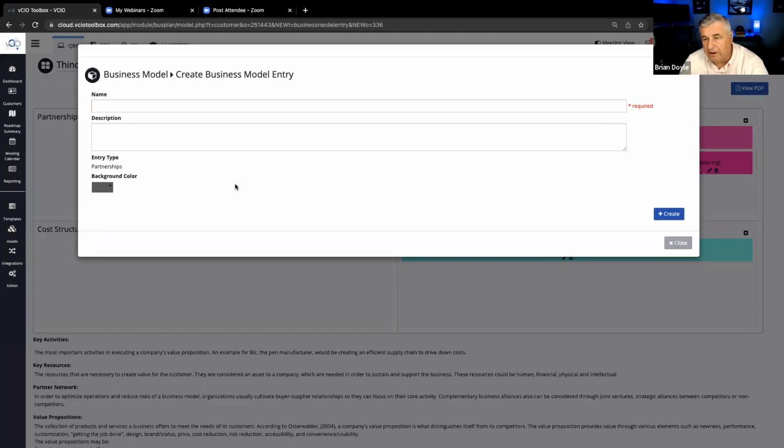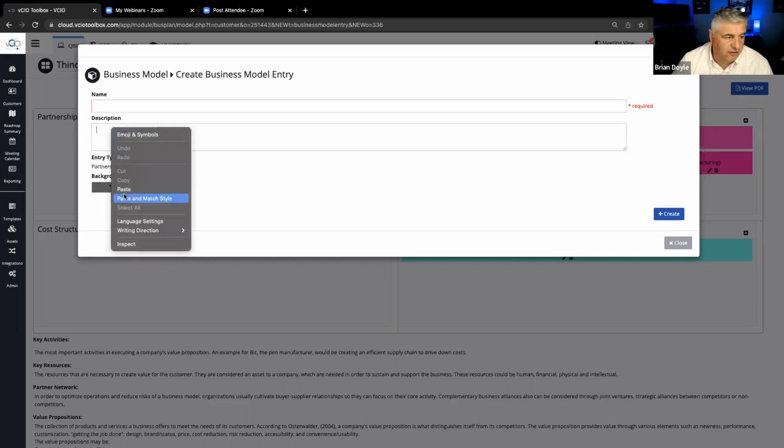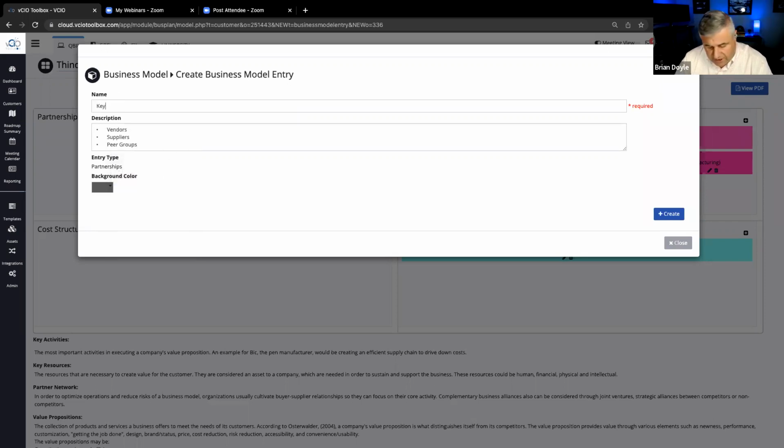It can be suppliers, your Ingram Micros, your Tech Datas that are really bringing you those capabilities as well. It could be your peer groups, right? These are the people that are key to you and helping you stay on track and make sure you've got some accountability coming in there while sharing information. So these are the key resources that help you deliver your process.